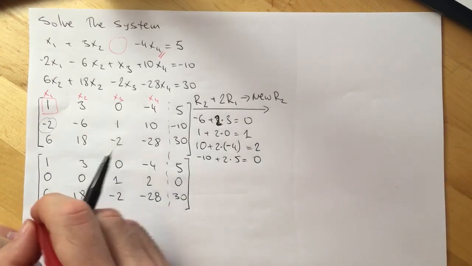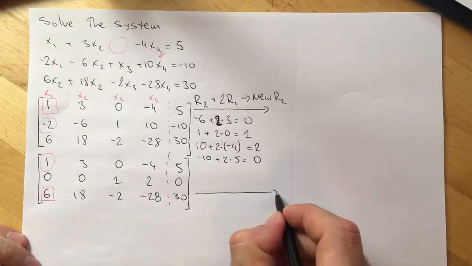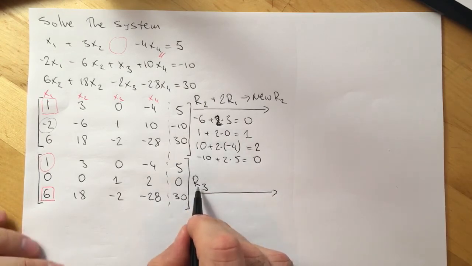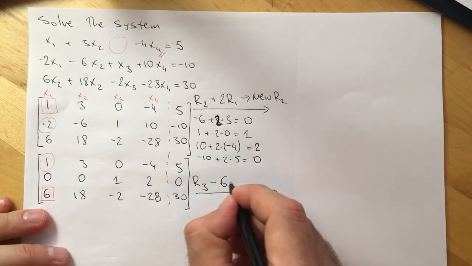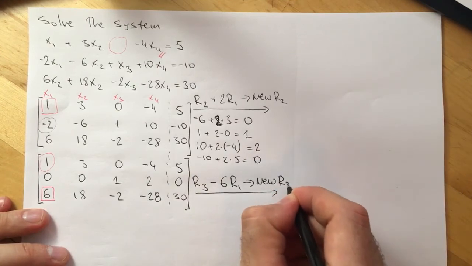Okay, now I want to eliminate this entry right here using the leading one. So I will operate on the third row. I will change the third row, so that's what I start with. Row 3 minus 6 times row 1 becomes my new row 3.